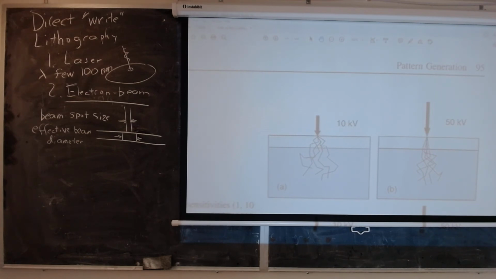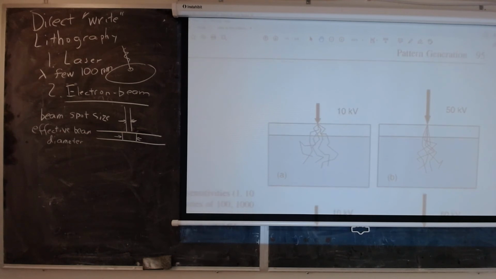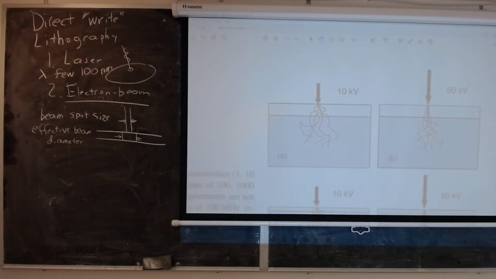He gives a few formulas here. I don't want you to get hung up on the formulas because they tend to be more useful for ratios. What I want you to understand is the physical process here. You can see from what I've drawn on the board, this is the beam diameter, and then the effective beam width is given by the scattering events that the electrons undergo in the photoresist.